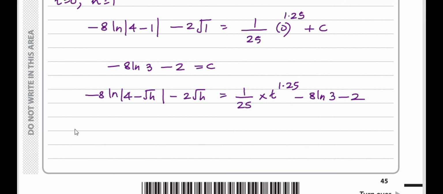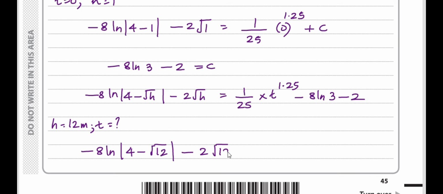The task for us is to find the value of t when h is equal to 12 meters. So let's try putting that in here. Minus 8 ln 4 minus square root of 12 minus 2 square root of 12 equals 1 over 25 times t to the power of 1.25 minus 8 ln 3 minus 2.